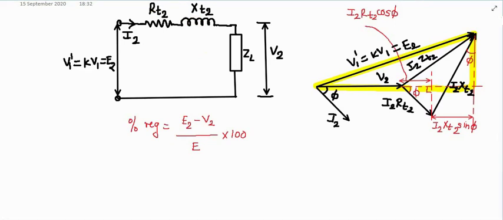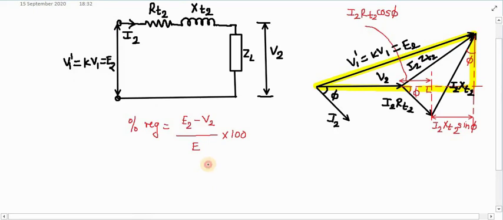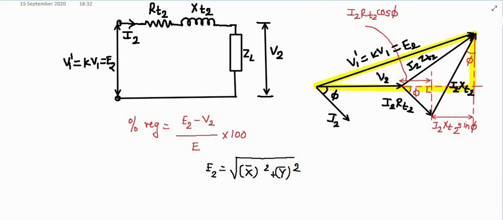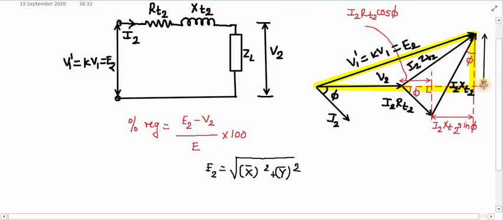My E2 is equal to the under root of the horizontal component of this triangle plus the vertical component of this triangle. The vertical component is nothing but this, means y bar. And the horizontal component of this triangle, I will mark on the downward side. So this will be your x bar, right?